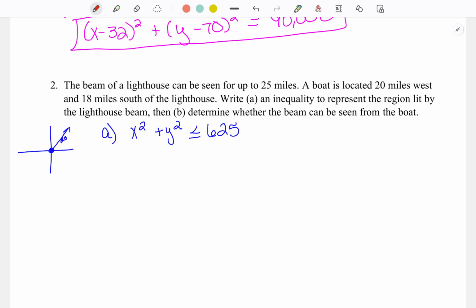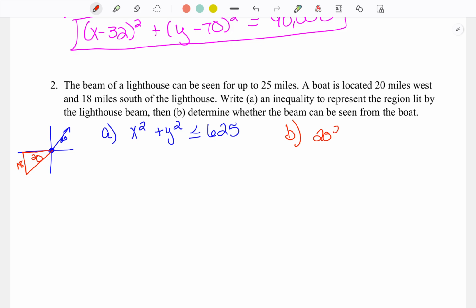Now for B, we are going to see if the boat can see the light of the lighthouse. If we go 20 miles to the west, so that would be this direction, and then 18 miles to the south, we need to see if it's going to fit within that 25-mile radius. So we can take that equation and see if it creates a true statement.